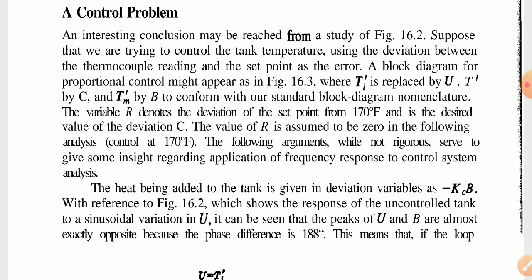A block diagram for proportional control might appear as in figure 16.3, where Ti' is replaced by U, T by the component C, and T'M by B, to conform with our standard block diagram nomenclature. The variable R denotes the deviation of the set point from 170 Fahrenheit, which is the desired value of the deviation C.